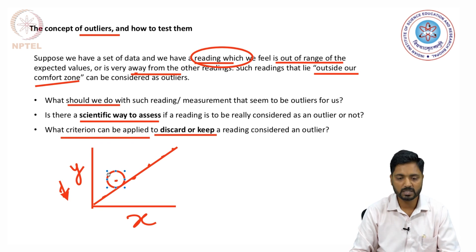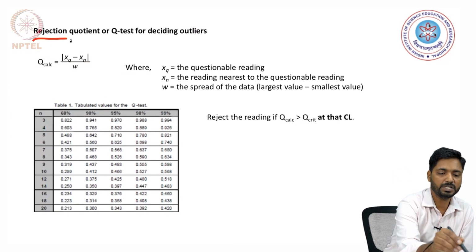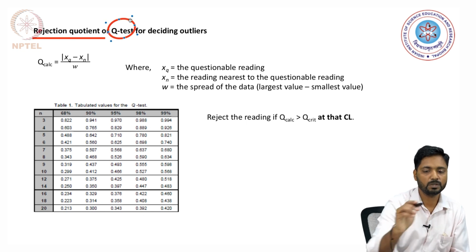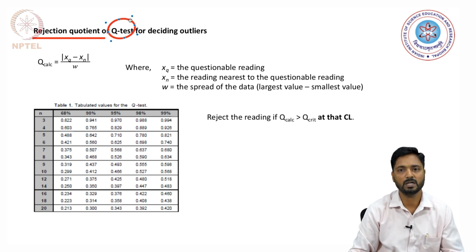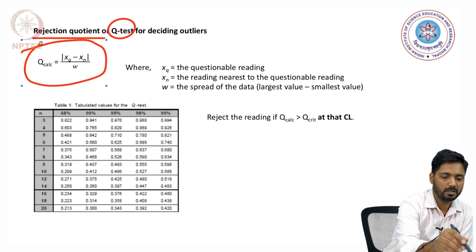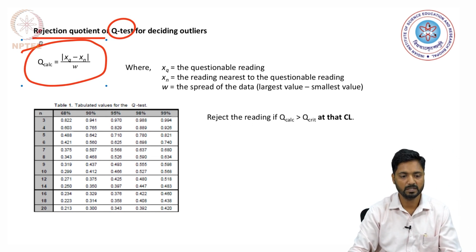Now, what is the criteria, or how do we assess that a reading is an outlier? We utilize what is known as the rejection quotient, or a Q test, to test whether a reading is to be considered as an outlier. The formula is given here, where we calculate the Q value of a data set.